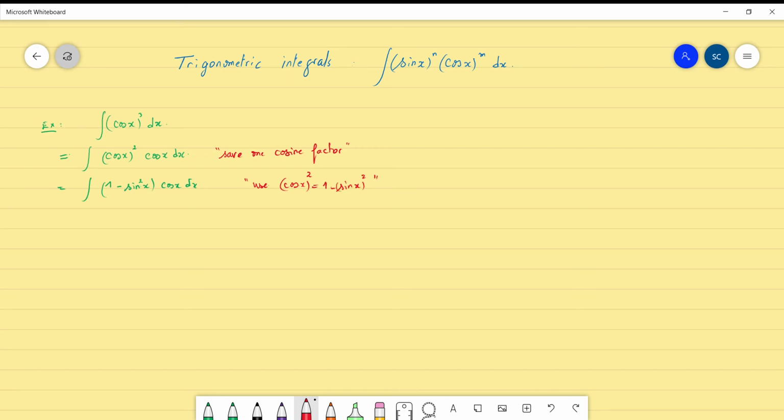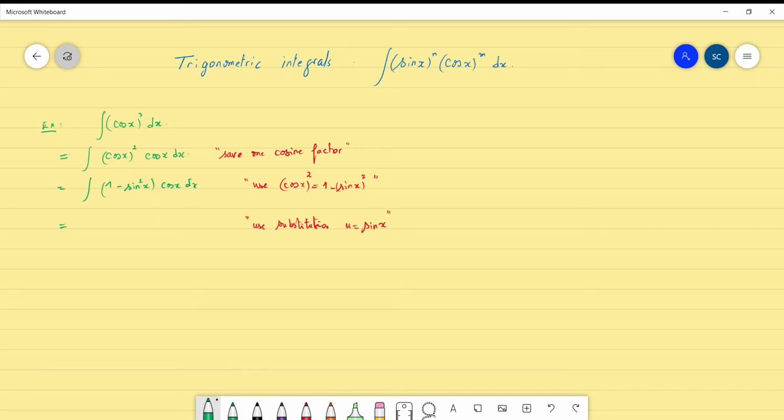Then let's continue. Then we will use substitution. Which substitution? It's clear: u equals sine x. Then du will be cosine x dx.